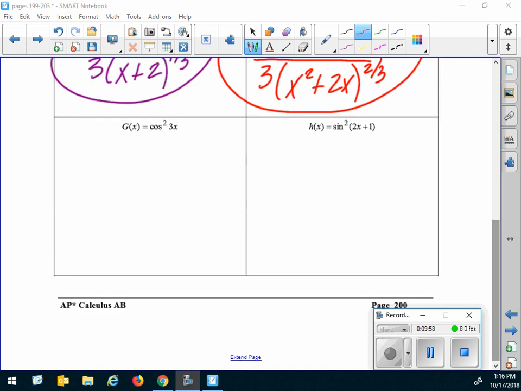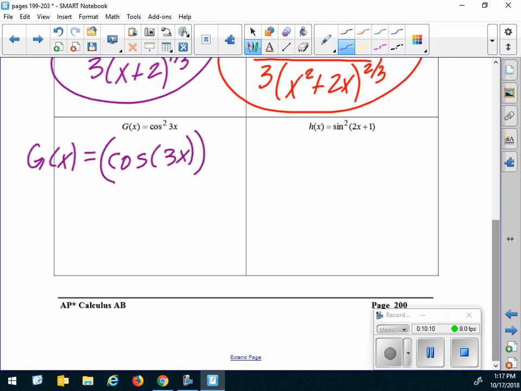Here we go. We got to do a rewrite. G of x equals cosine, and I'm going to do it this way. I'm squaring, but I'm taking the cosine of 3x.